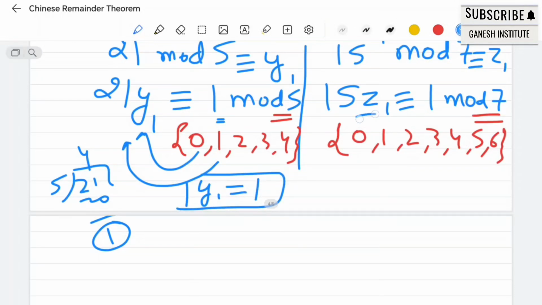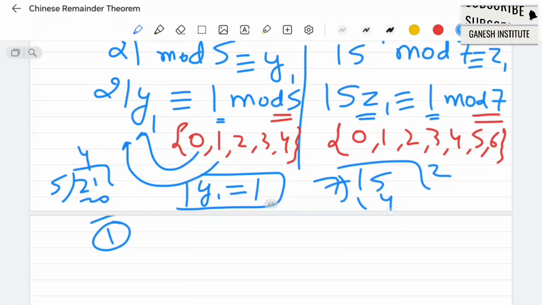From here, if I place 0, 15 zeros are 0, we cannot get remainder 1. Then if I place 1, 15 ones are 15. If I divide it by 7, 7 twos are 14, so remainder is 1. So it is satisfying the condition. So z1 is also 1.